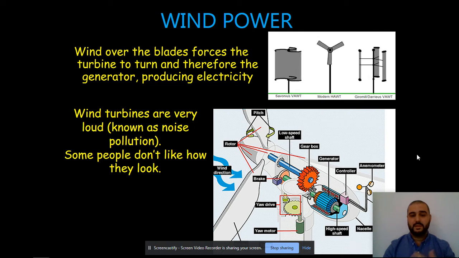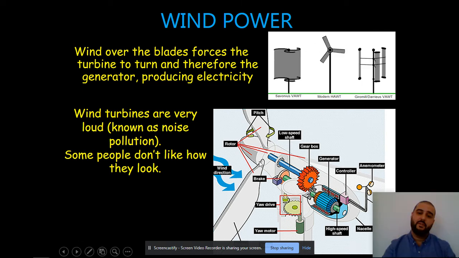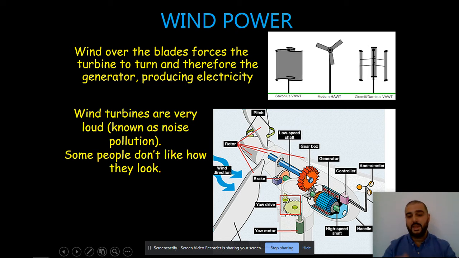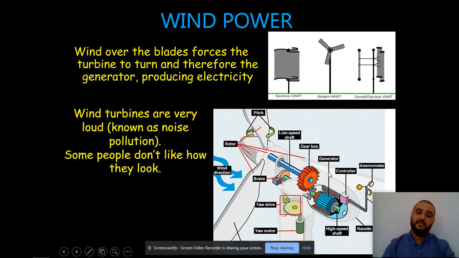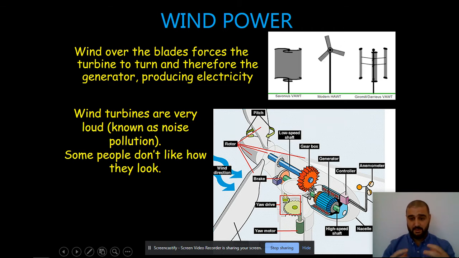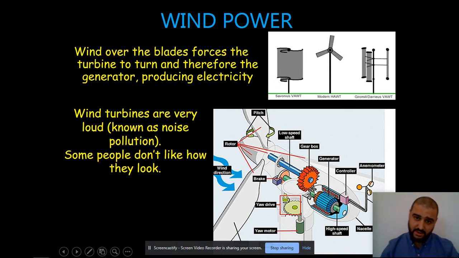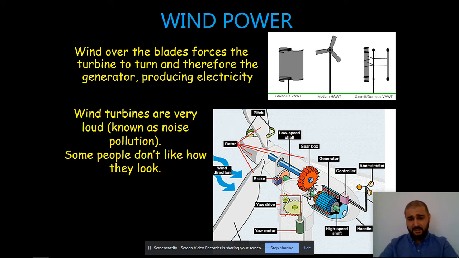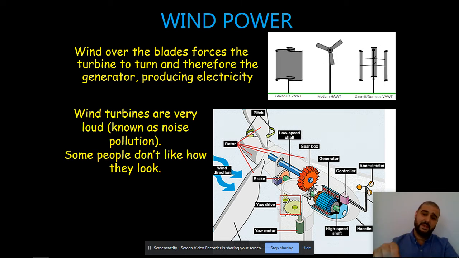So there's a force being exerted on the blades, they rotate, and as you can see here from the diagram, the blades are connected to a drive shaft. The drive shaft, via several gears, is rotating, and that is actually powering the generator. Now, within the generator, there are electromagnets, and the mechanism of generation of electricity actually takes place in the generator.